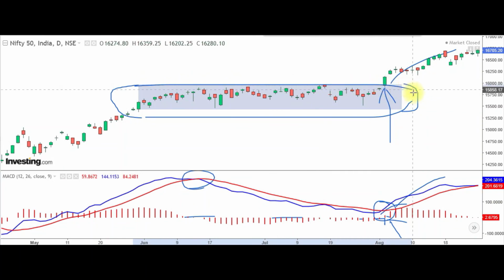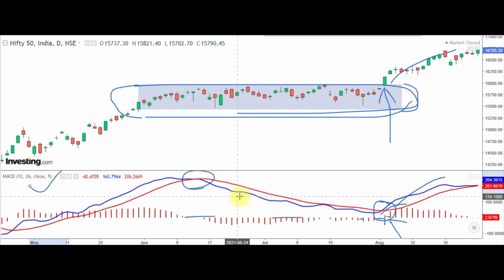So whenever there is a sideways price action, you can put MACD on it and see if the breakout has been confirmed by the MACD. This would give us another confirmation that this bullish move is going to continue.